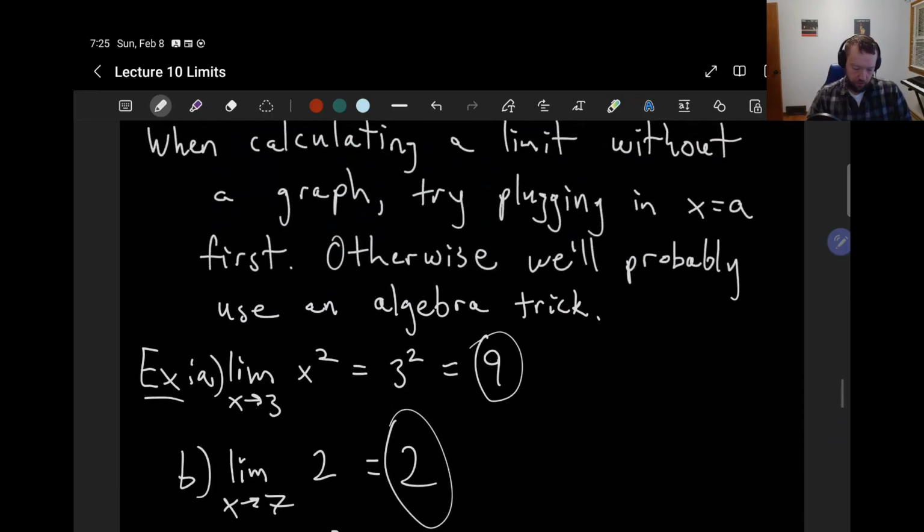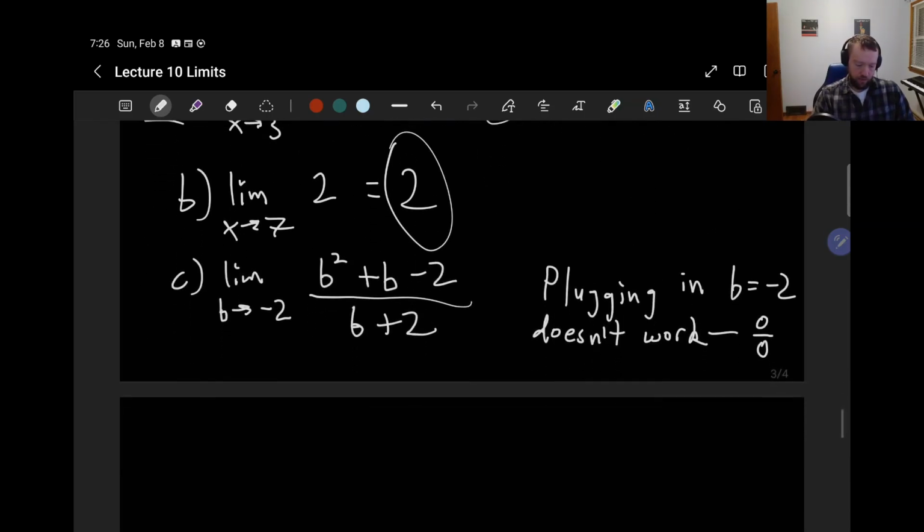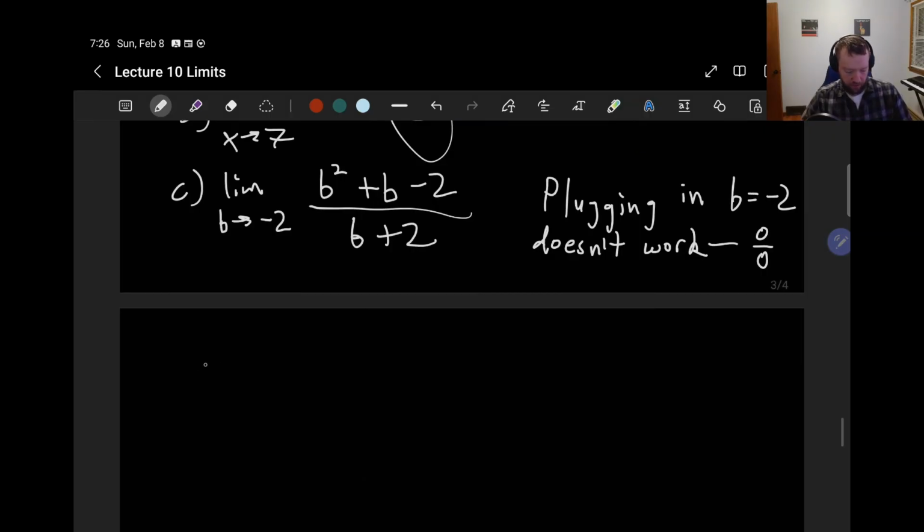So as I mentioned, if plugging in does not work, then we'll want to use some sort of algebra trick. And the trick in this case is factoring.